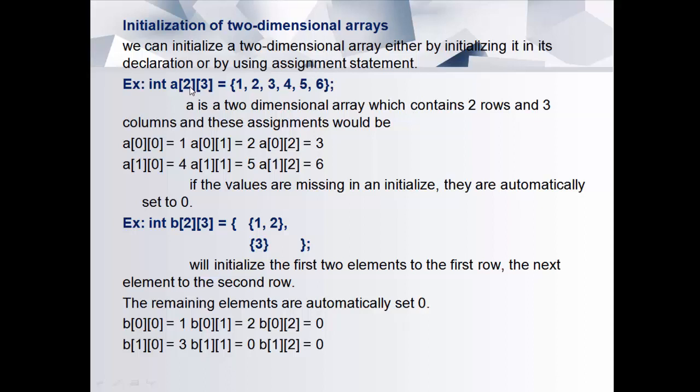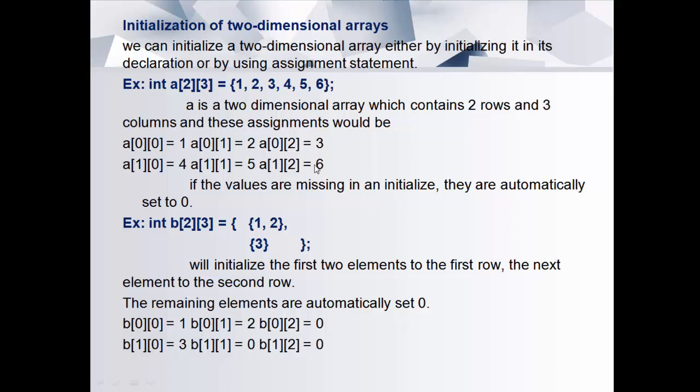Here we have 2 rows and 3 columns, that is 2 into 3, so we can get a maximum of 6 values, because m into n is 2 into 3, which equals 6 values. I am taking the 6 values as 1, 2, 3, 4, 5 and 6. A is a two-dimensional array which contains 2 rows and 3 columns.